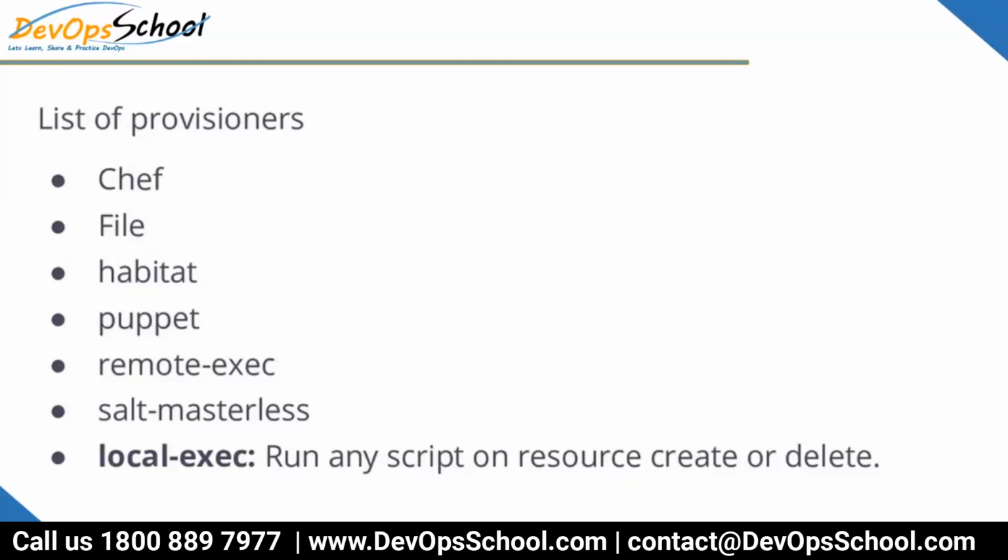But the question you will ask then, Rajesh, is: Chef is there, Puppet is there, Salt is there, Habitat is there, but why is Ansible not there? Remember that Chef requires a Chef client agent, and Puppet also requires a Puppet client agent. But Ansible is agentless. I think some of you said you know Ansible.